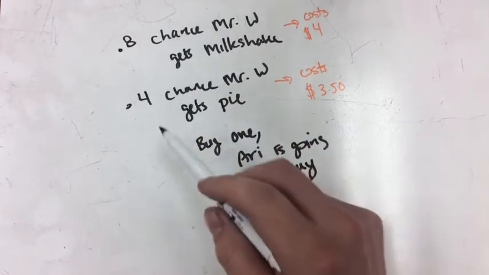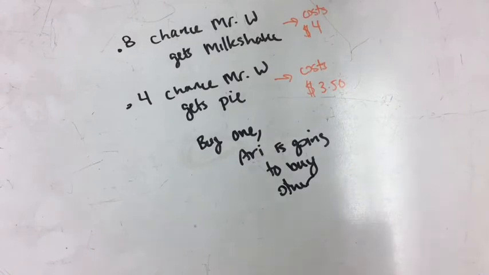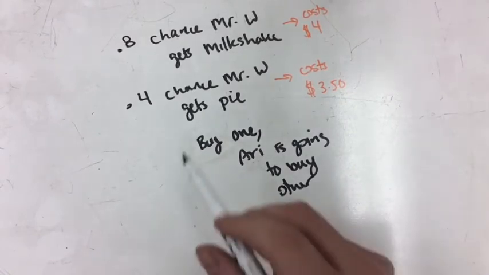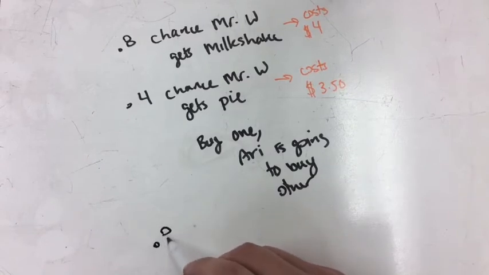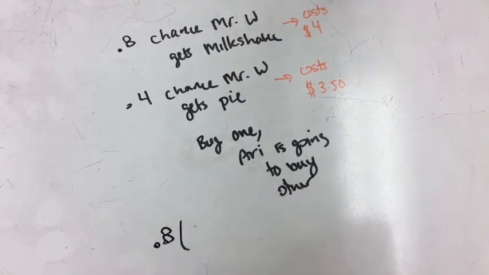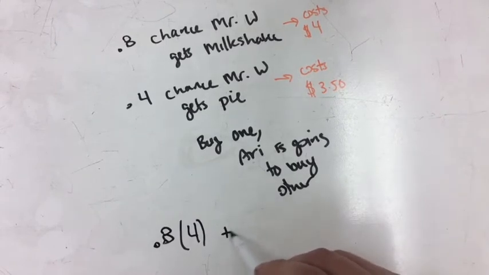So there are 2 ways to look at this. Let's say I am going to buy the milkshake. Then there's a 0.8 chance that I buy the milkshake, and that's going to cost me $4. This is going to be added to the chance that I don't buy the pie.